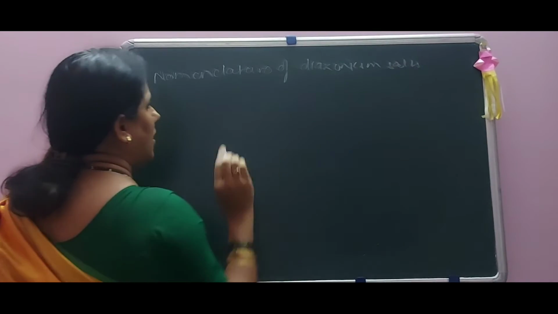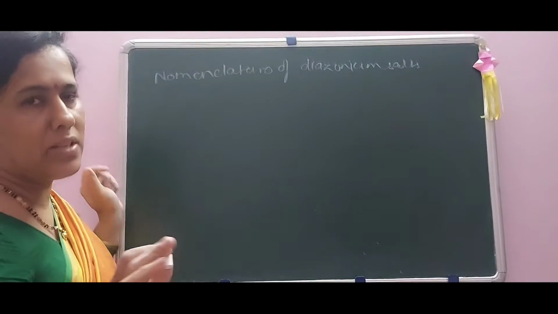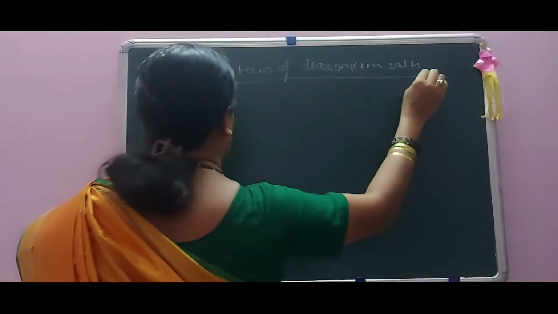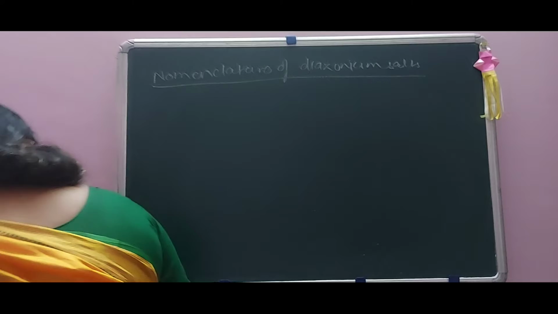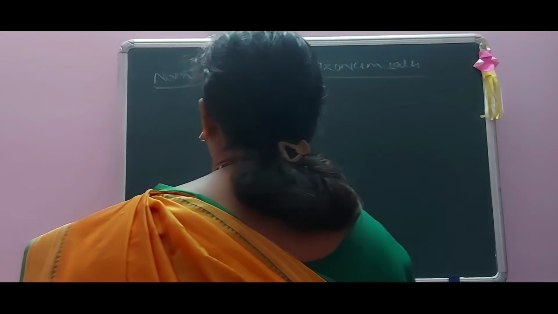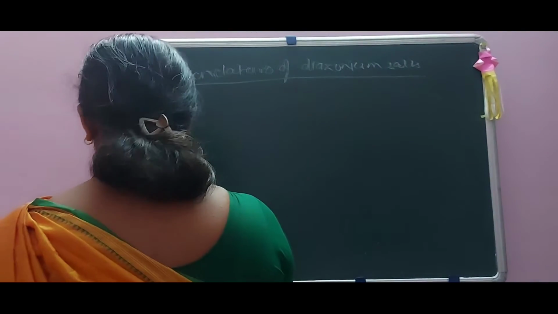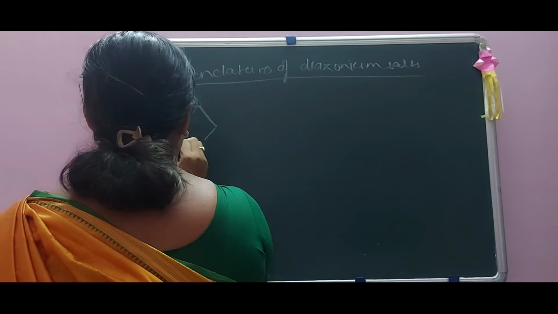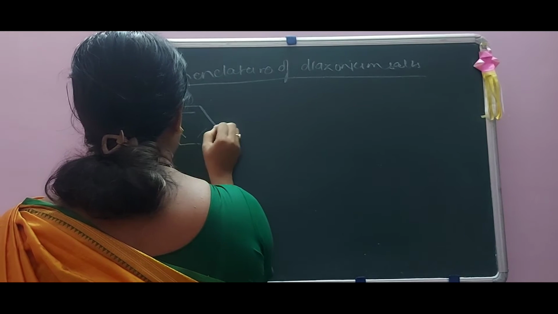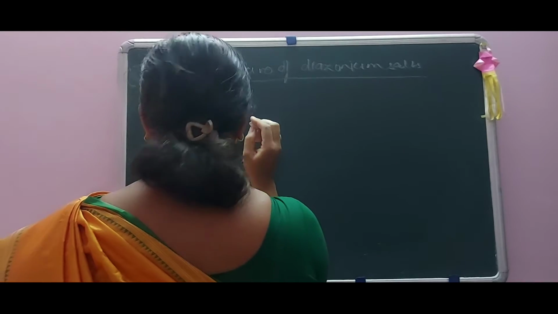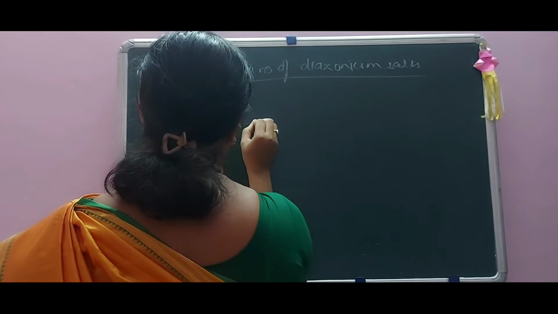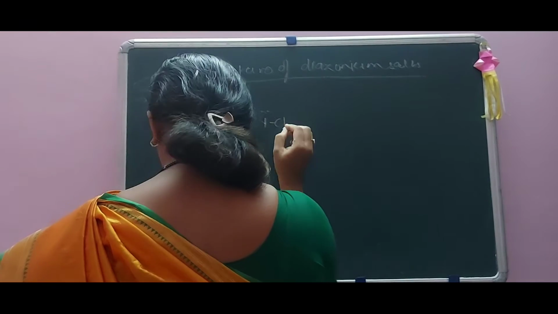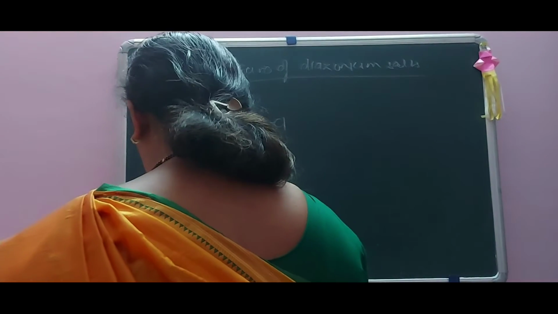I am giving you first the examples, and simply you can write the names of the diazonium salts. Now the first example is this. See it carefully: benzene, I am drawing the ring, with Cl here.